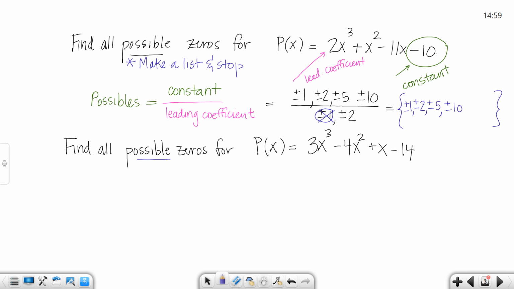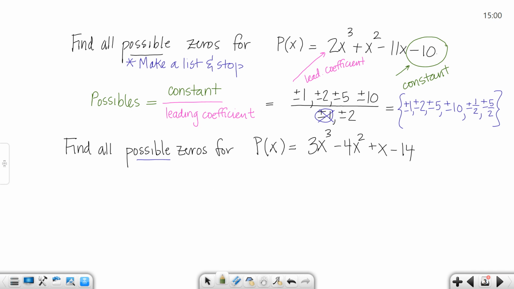Then you can go back and put all of the numbers over 2. So you could say 1 over 2, 2 over 2, well that's 1, that's already in the list, 5 over 2, and 10 over 2 is 5, and that's already in the list. So this list of blue possibilities, those are our possible zeros for this function.